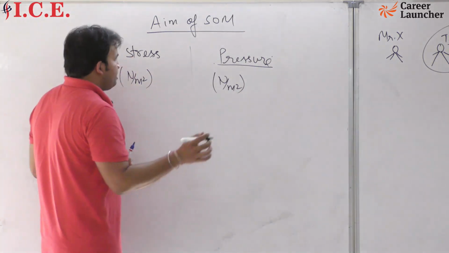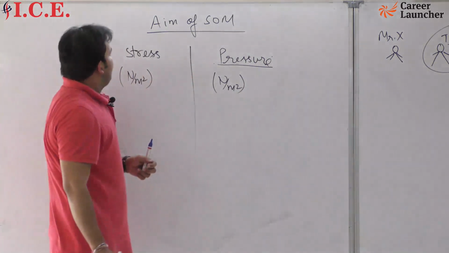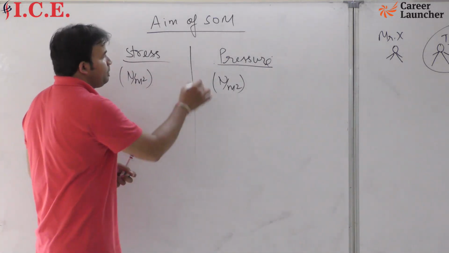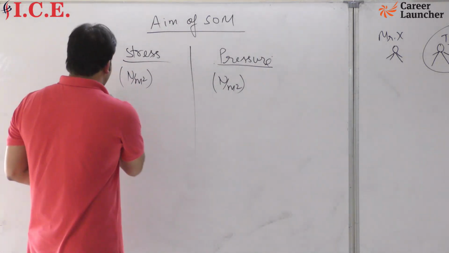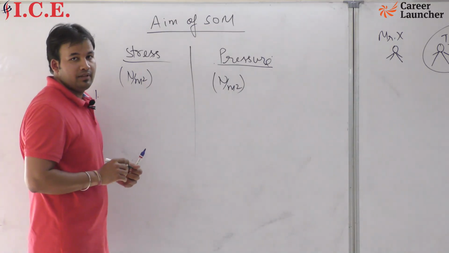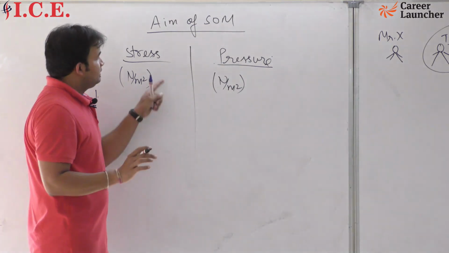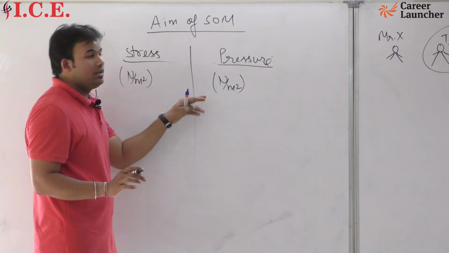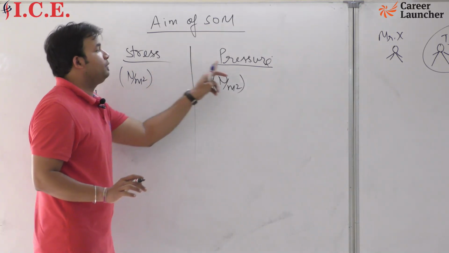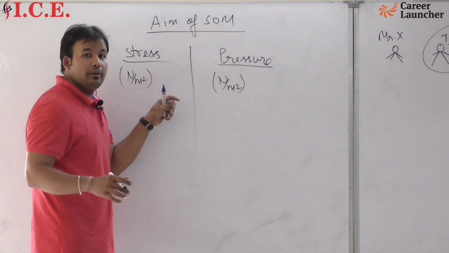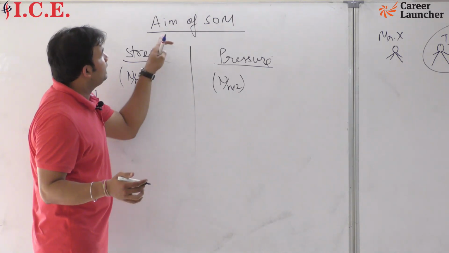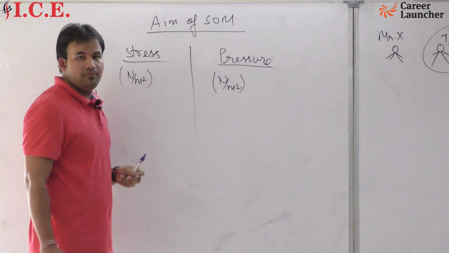Okay? So here if I differentiate stress and pressure, then the first one is, listen carefully guys, because this is a very, very important thing. Because once you know the basic difference between pressure and stress, then you will be able to know what is the aim of strength of material. Okay?